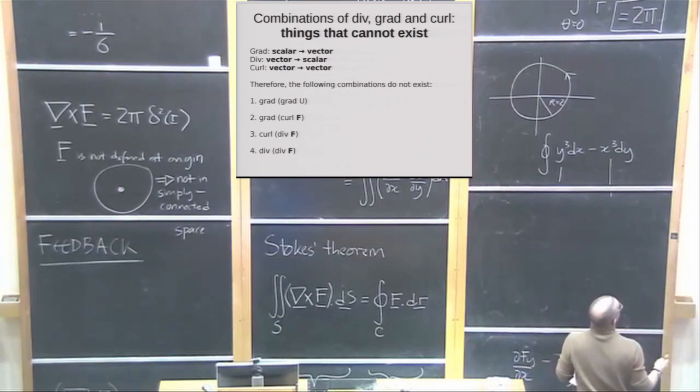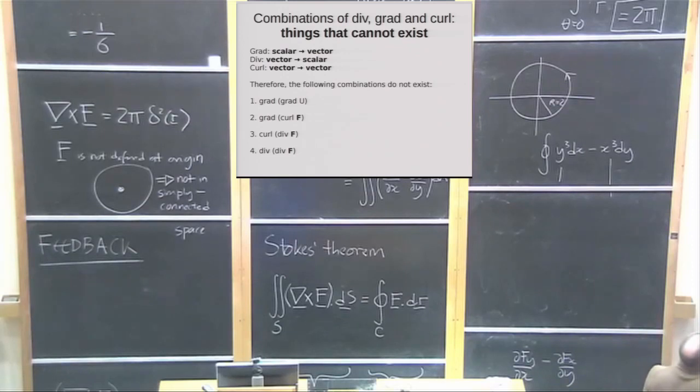So this means that you cannot have the grad of some scalar field, because grad has to operate on a scalar field, but the grad in here has already generated for you a vector field. So this cannot exist. Similarly, this cannot exist, because curl generates a vector field. So grad and curl generate vector fields, so you can't have the grad of those. So these expressions simply don't exist.